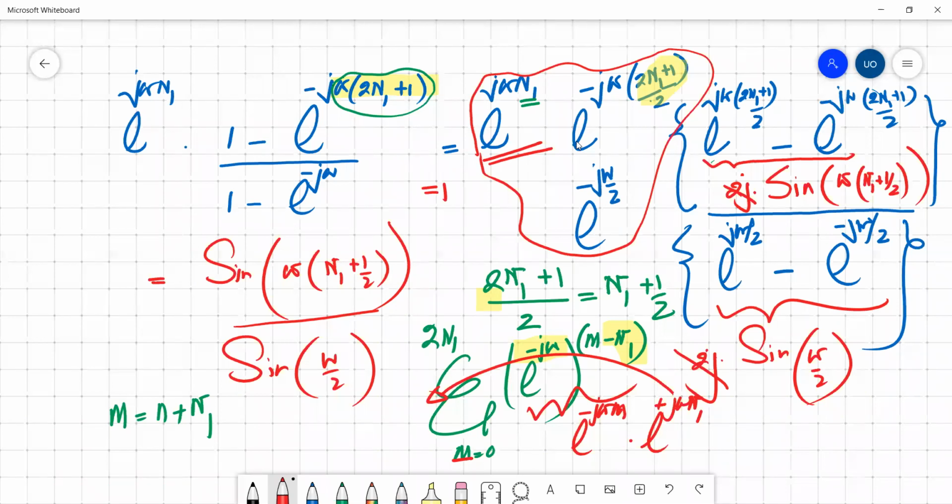The whole purpose of discussing this example is that there is a kind of mathematics involved in the simplification. If you have a question like this, in the form of sine, this is the way forward.